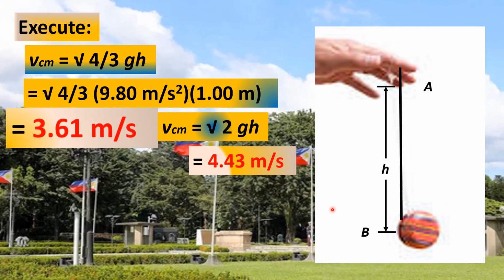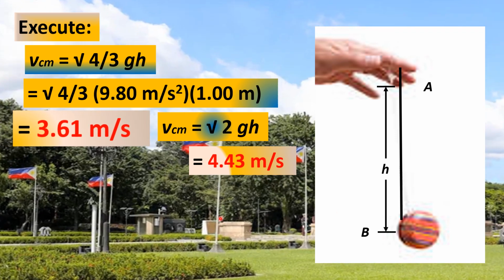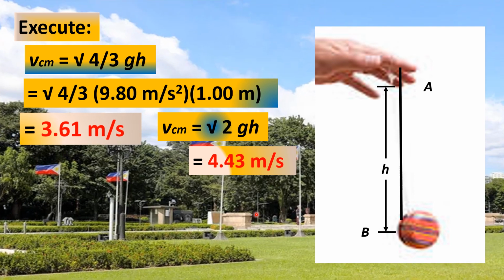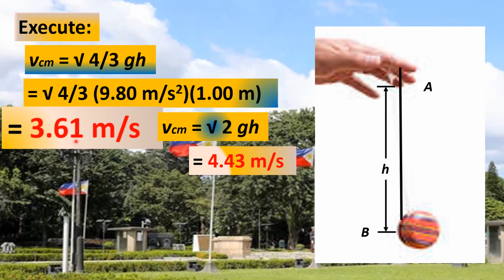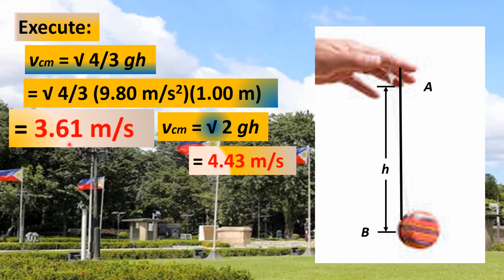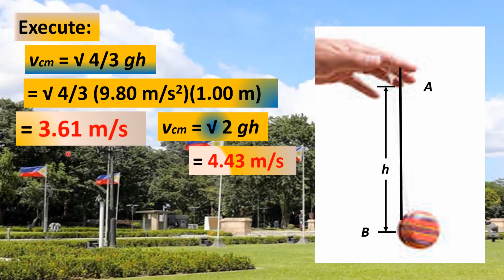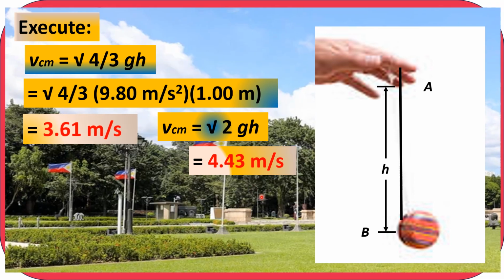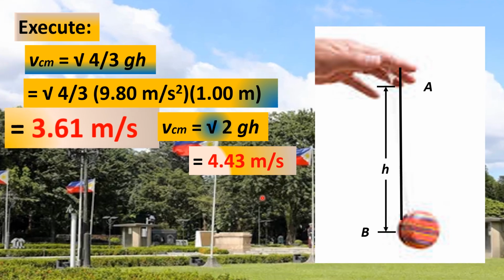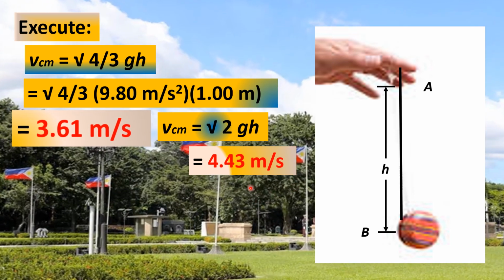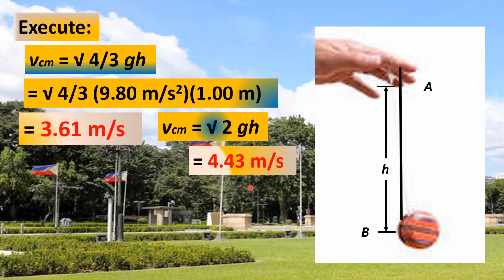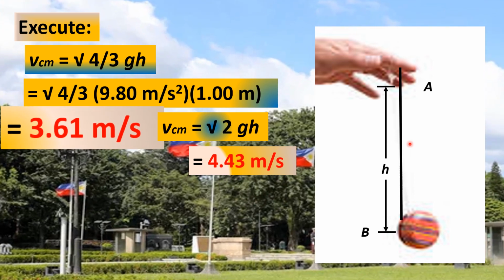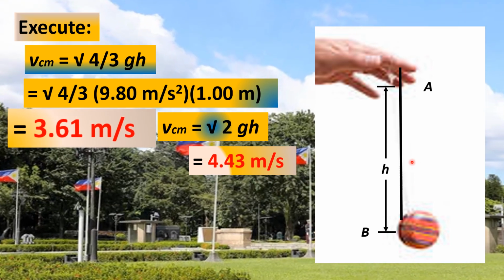And that explains why the translational speed of the center of mass of the yo-yo is also less than what it would have been if it were not rotating, or simply falling like a freely falling body.